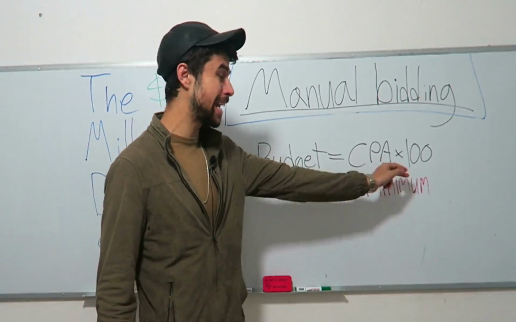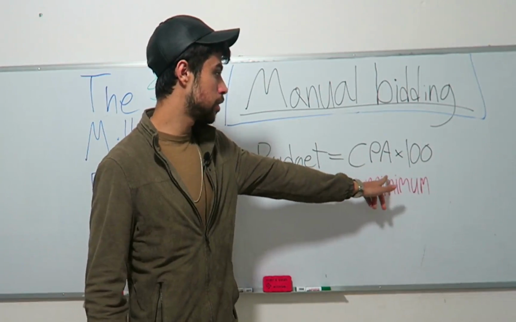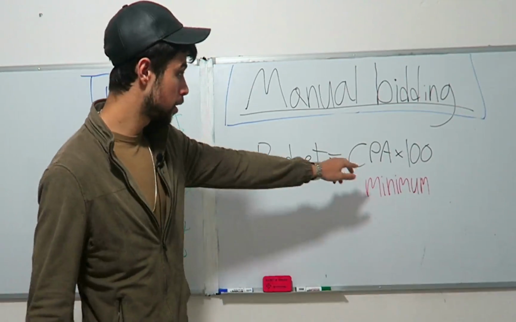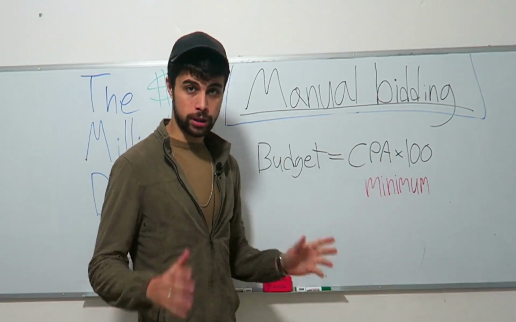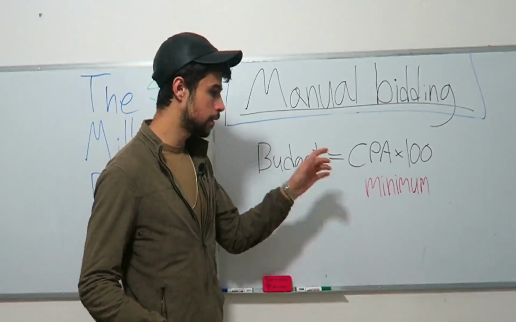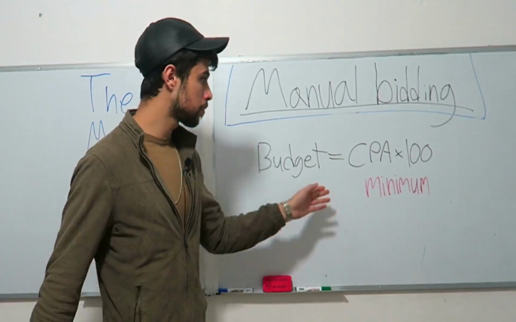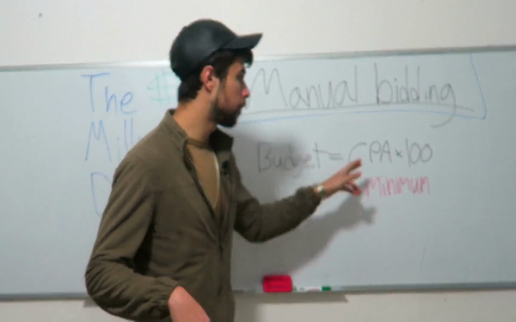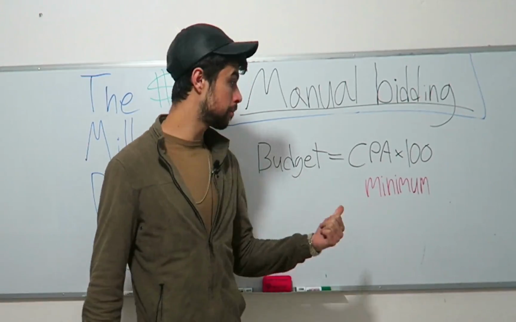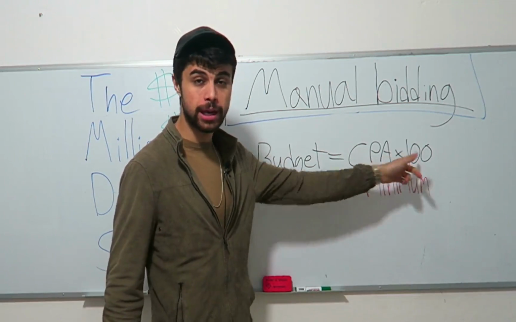The daily budget has to be at least your cost per action of your test ad times 100, okay? So look at your test ad, anything from $10 to $20, right? Look at how much you're paying per action there. And when you scale, make sure that that new ad has a daily budget of a minimum of that CPA times 100.